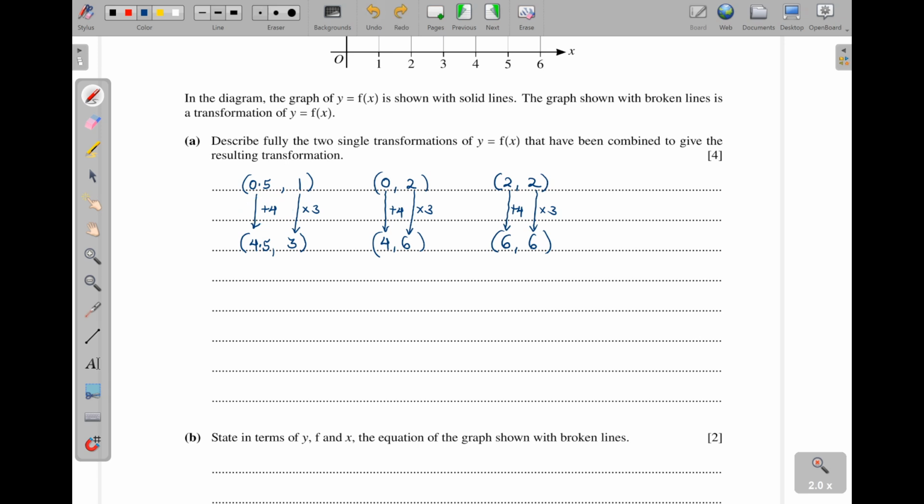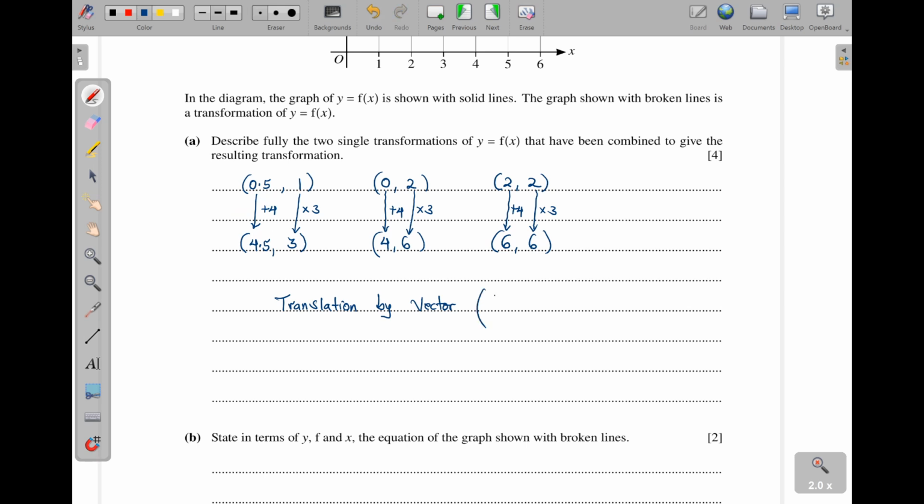Now, we are seeing an addition. In the previous videos, I've always talked about when it is addition or subtraction, that is a translation. If it is multiplication, either on the x or on the y, that is a stretch. Then the change of the sign, it is reflection. Now, we are seeing an addition, so we are going to have a translation by vector. The x coordinates, they added 4.